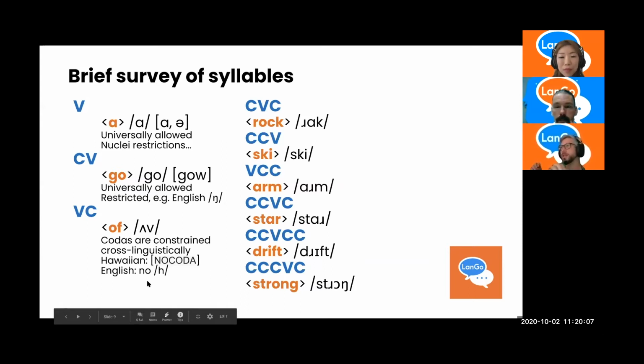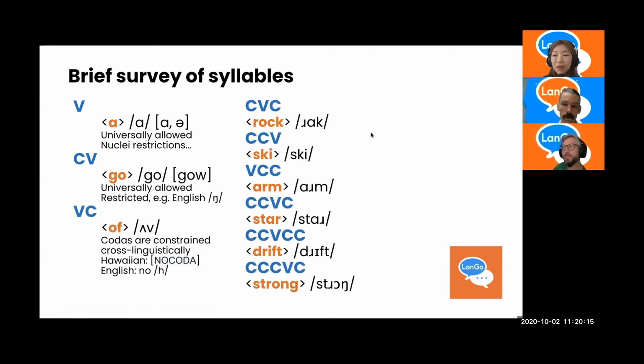Okay, so the next syllable in our survey is CVC, the one we've been celebrating all podcast so far. Our example here is the word rock, right? Now you might be thinking, hey, rock has 2 letters in what should be its coda, CK, R-O-C-K in English, but the sounds are just R-A-K.